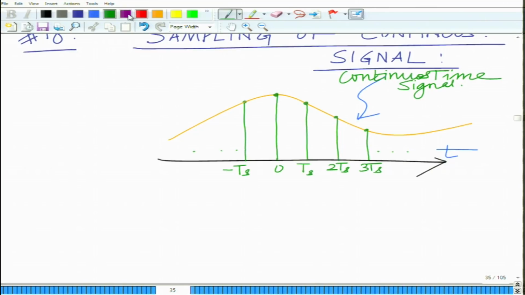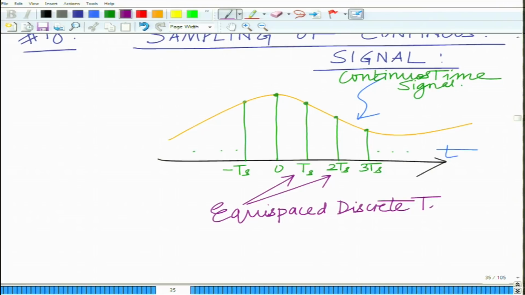So, these are the discrete time instants. These are the various equispaced discrete time instants, and these are the samples.